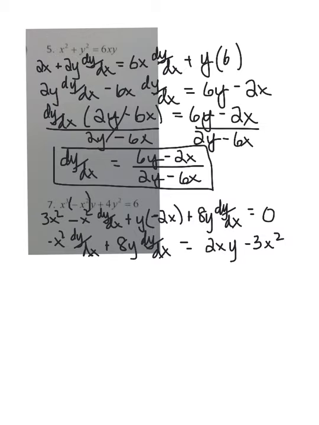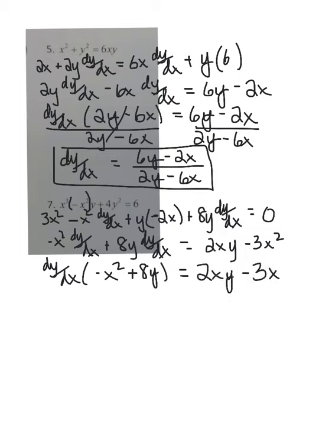Okay, then we're going to factor out that dy/dx and get negative x squared plus 8y inside. And then the last thing we're going to do is get the dy/dx by itself by dividing out what's attached to it.